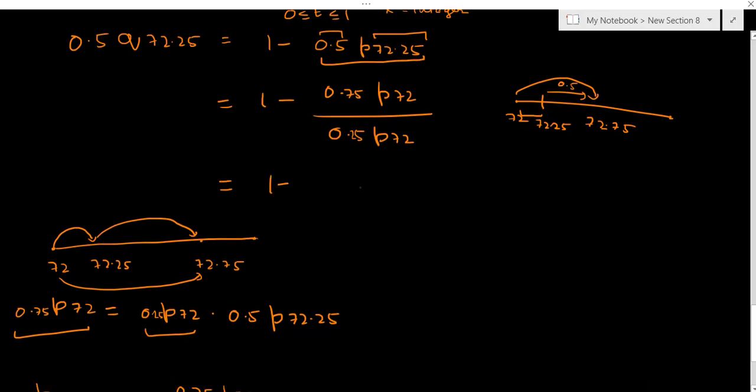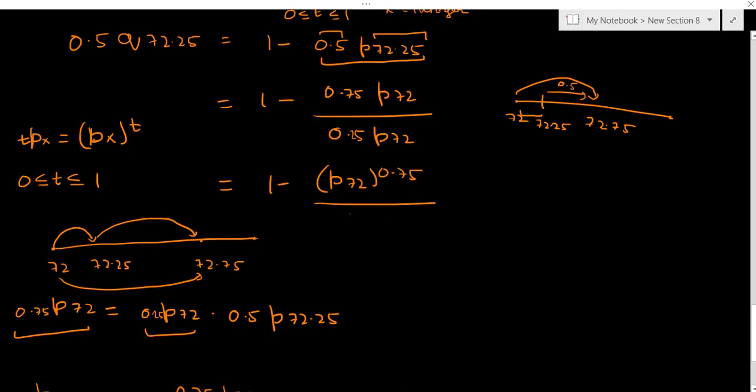CFM says that t P x is equal to p x to the power of t for all t's that are between 0 and 1. That's what your CFM assumption says. So this one becomes p 72 to the power of 0.75 divided by p 72 to the power of 0.25.